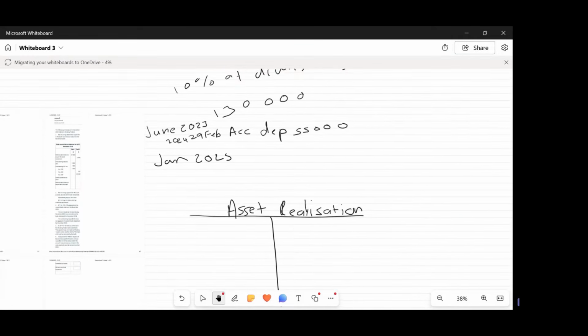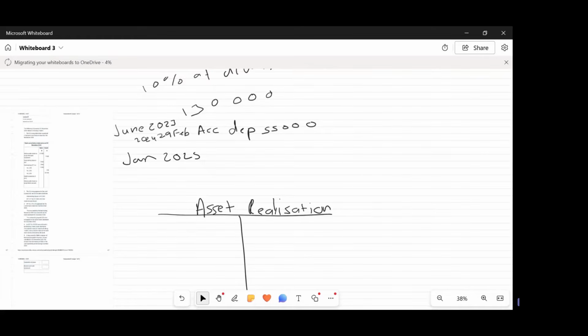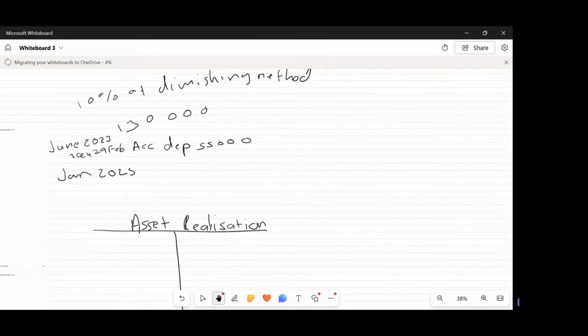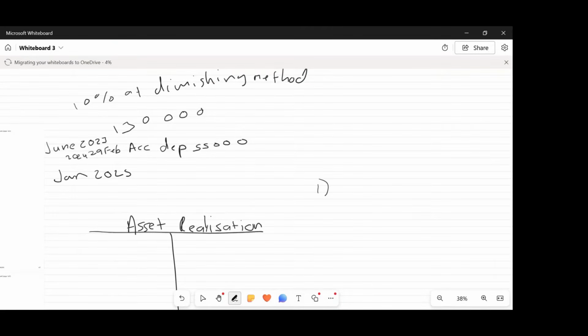Okay. So when you're dealing with an asset realization, it can be a vehicle, equipment or furniture. Step number 1 is to transfer the cost price of the asset sold.